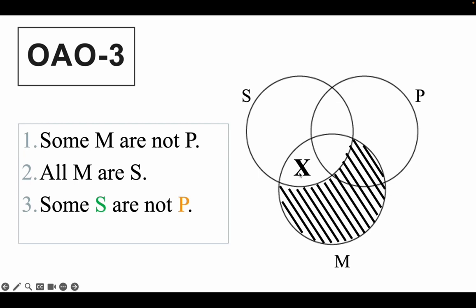So the X must be inside the circle representing M and away from P. And that's exactly the right place and the only place.